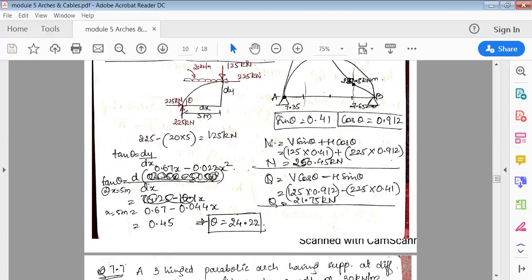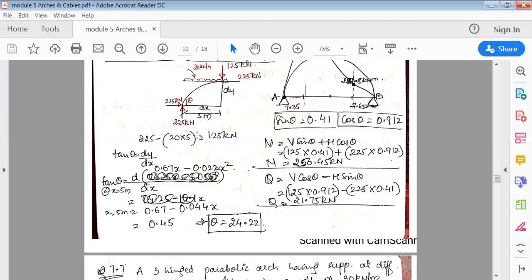For the equation of N, normal thrust, it is V sin theta plus H cos theta, and Q is just the opposite. V remains V, H remains H, sine becomes cos, cos becomes sine, followed by the change in the signs. So V is 125 sin theta, H is 225 cos theta. This is N, and Q is V cos theta minus H sin theta.